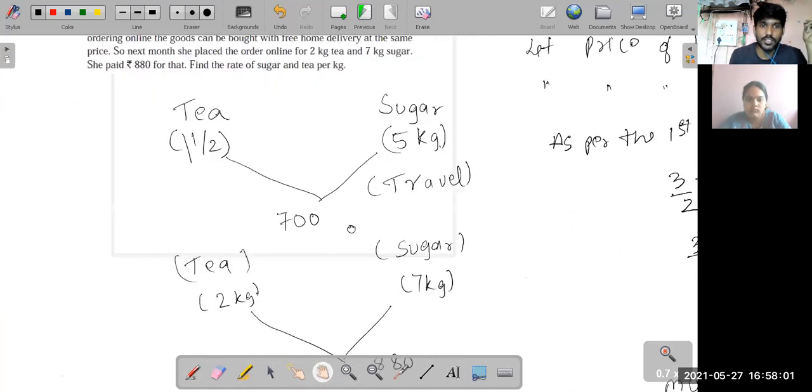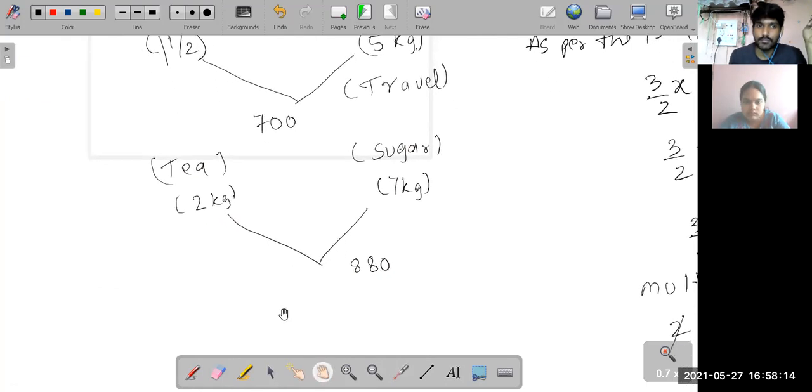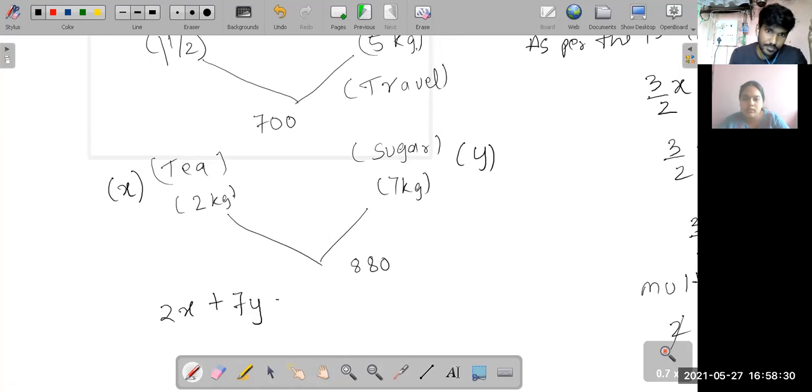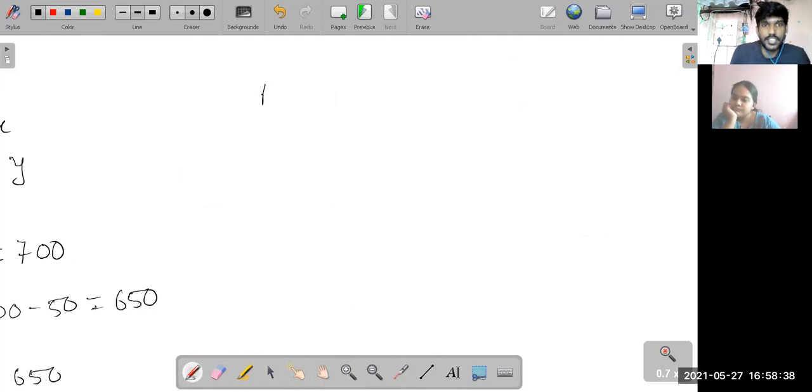Next, let's see the second condition. 2 kg tea, 7 kg sugar, no traveling expense, nothing here. Her total cost is 880. Looking at this data, can you tell me what the second equation will be? One kg tea is x, so 2x plus 7y equals 880. Correct.